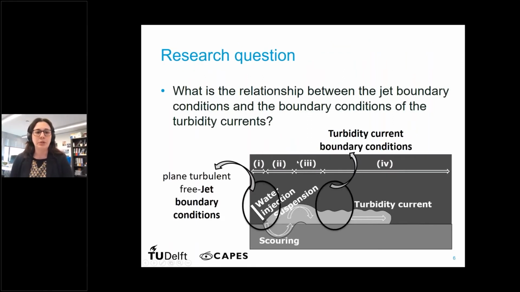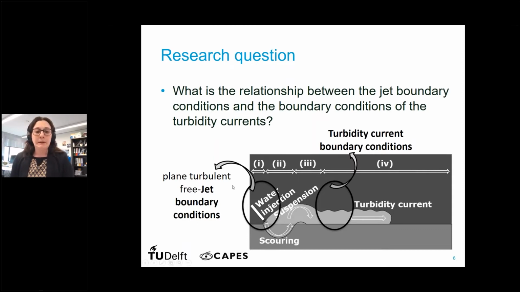My research question is: what is the relationship between the jet boundary conditions and the boundary conditions of the turbidity currents? Knowing this relationship is important because the processes that happen in between the injection and the turbidity current are too complex and too difficult to model and to predict.